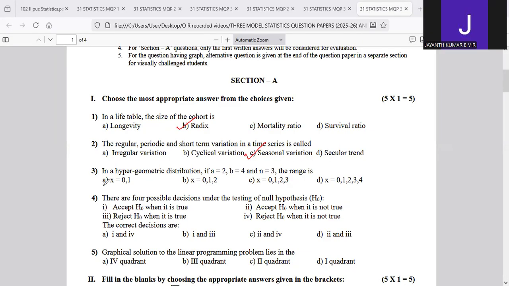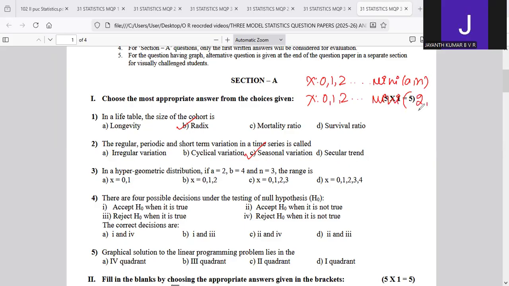Third one. In a hypergeometric distribution, if A is equal to 2, B is equal to 4, and N is equal to 3, the range is, a super question, this one. X follows 0, 1, 2, etc., up to the minimum of A comma N. What is the A value there? 2.